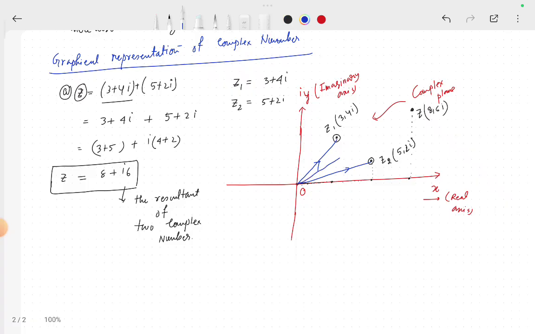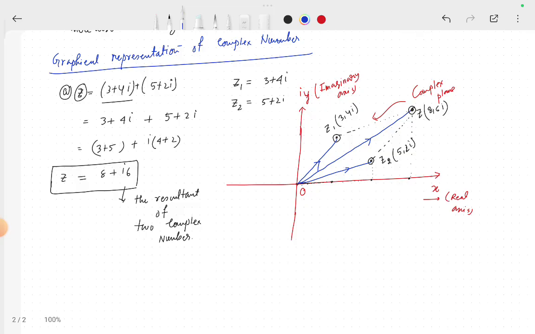This is the resultant of the two complex numbers. It's a kind of vector addition. This is the graphical representation of complex numbers.